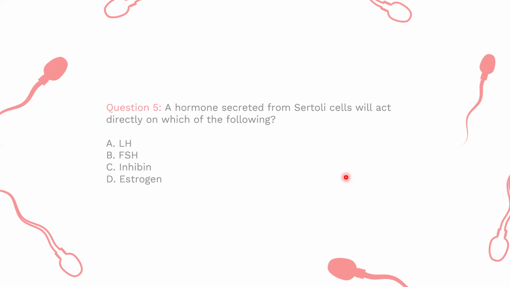A is LH, B FSH, C inhibin, and D estrogen. For this question, it is going to be B FSH. Inhibin is secreted by the Sertoli cells as an endocrine type of function, right? But the primary things that a Sertoli cell acts on are FSH and testosterone, not estrogen.